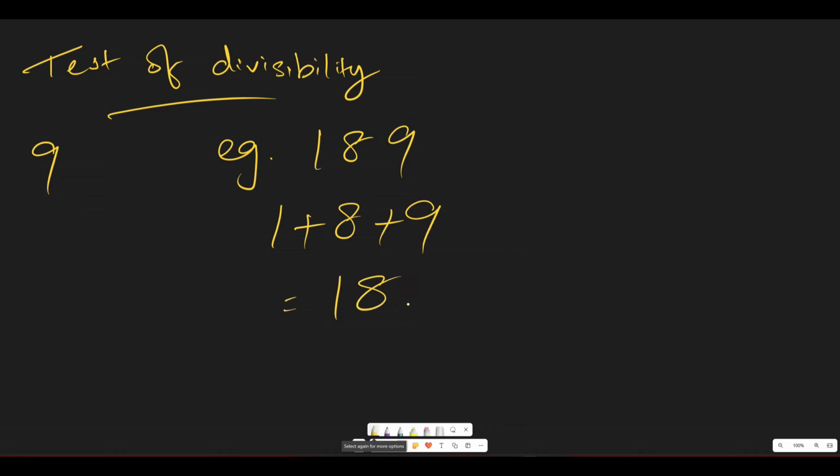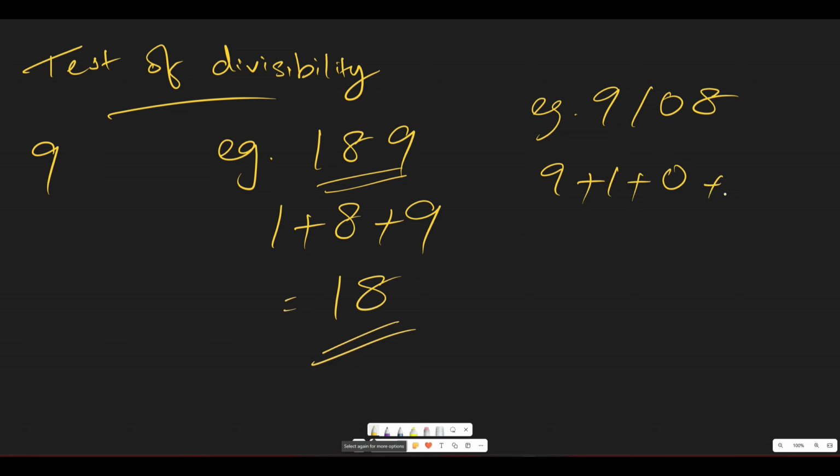This number is divisible by 9, then 189 will be divisible by 9. This is particularly useful in a larger number. Okay. Another example: if we add 9 plus 1 plus 0 plus 8.